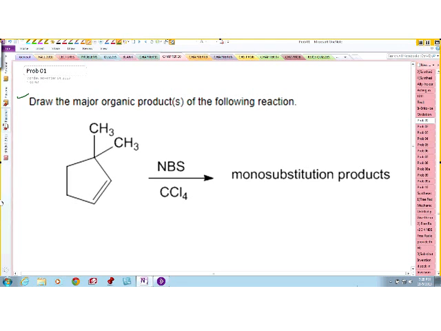What is the major organic product of this reaction? Only the monosubstituted product. Let me number this to help you out: 1, 2, 3, 4, 5. Where do you expect the bromine to go? 3. 3, very good.